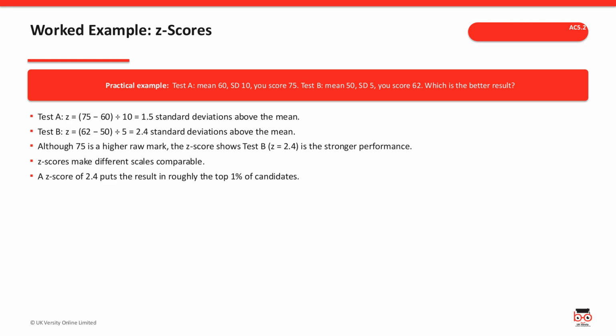For test B, z is 62 minus 50, divided by 5, which is 2.4. So even though 75 is the higher raw mark, the z-score shows test B is the stronger performance. A z of 2.4 puts it in roughly the top 1% of candidates. Z-scores make different scales genuinely comparable.